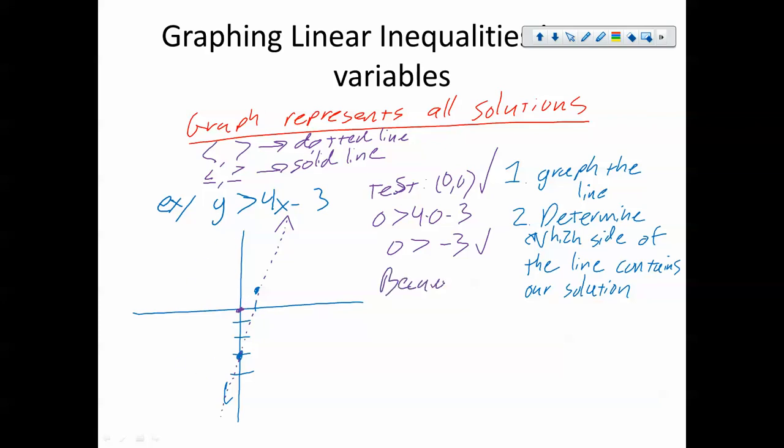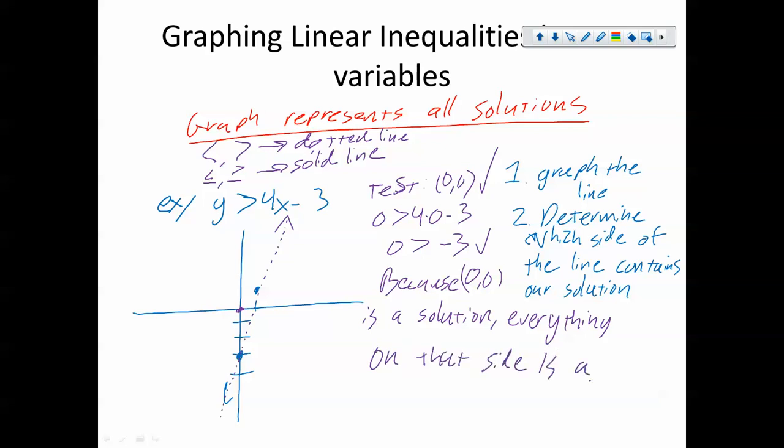Because 0, 0 is a solution, everything on that side will be a solution. So how should we represent that?